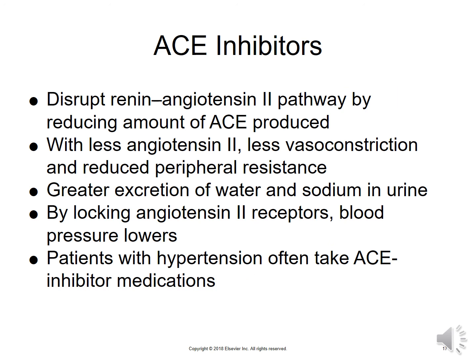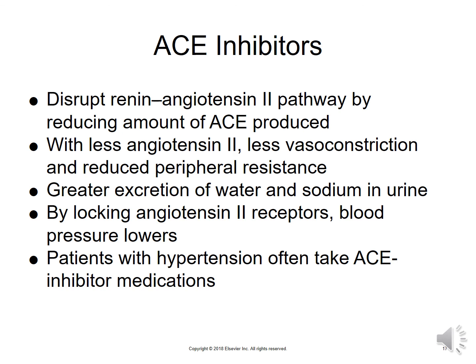So ACE inhibitors, again, they disrupt that renin angiotensin 2 pathway by reducing the amount of ACE that's produced. Okay, so with less angiotensin 2, we have less vasoconstriction and reduced peripheral resistance, greater excretion of water and sodium in the urine, and by blocking those angiotensin 2 receptors, blood pressure lowers, just like we talked about.